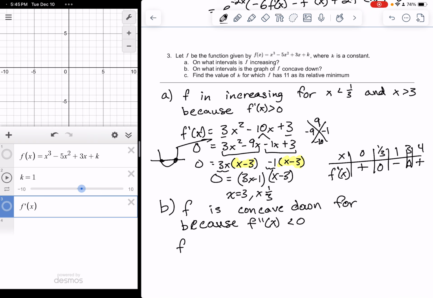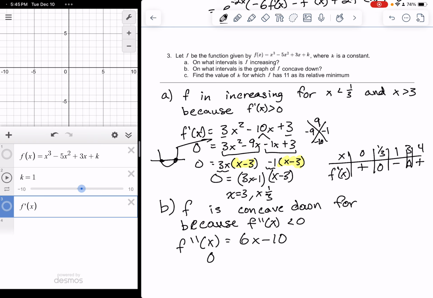Well, we already found the first derivative. The second derivative is 6x minus 10, and the plus 3 is a constant, so it goes to 0.